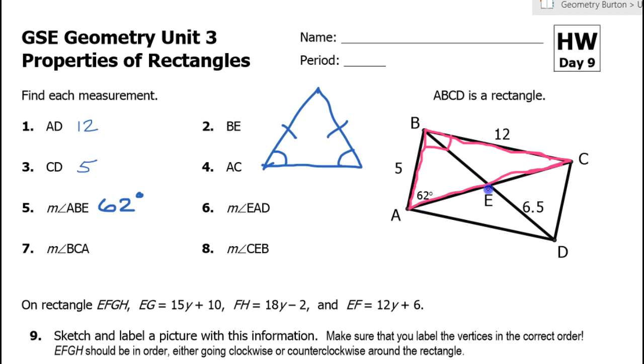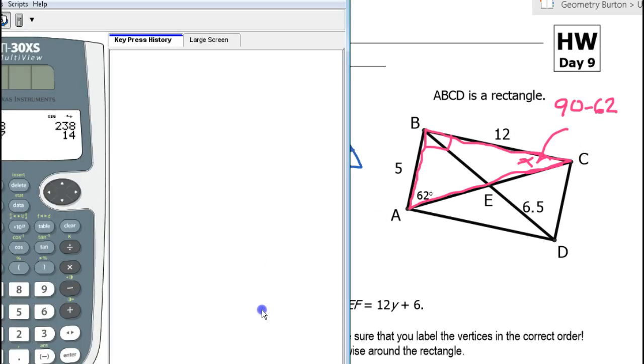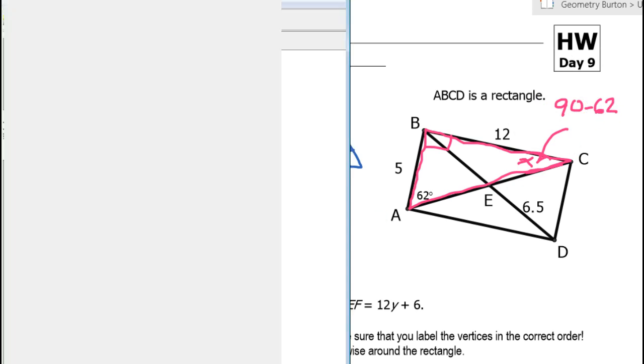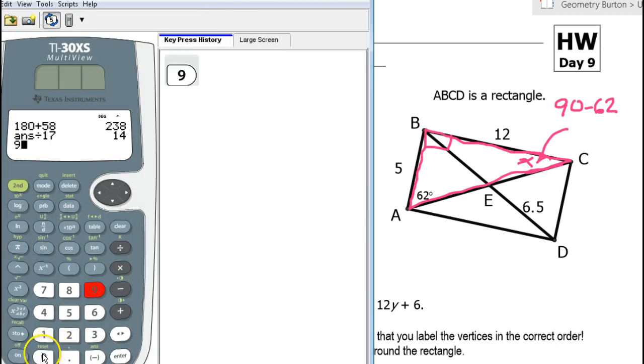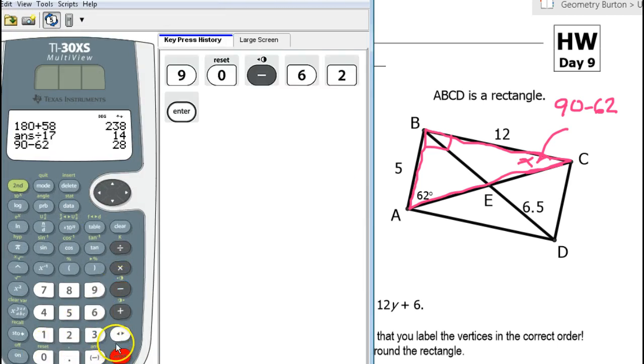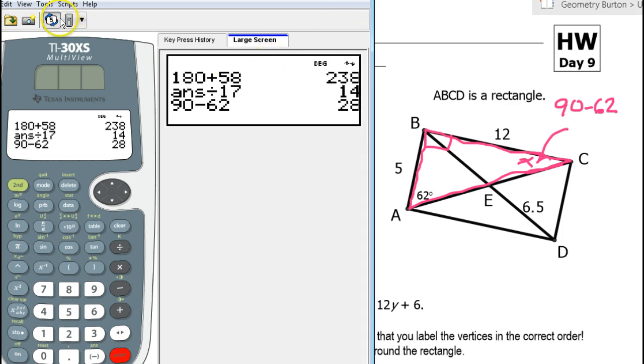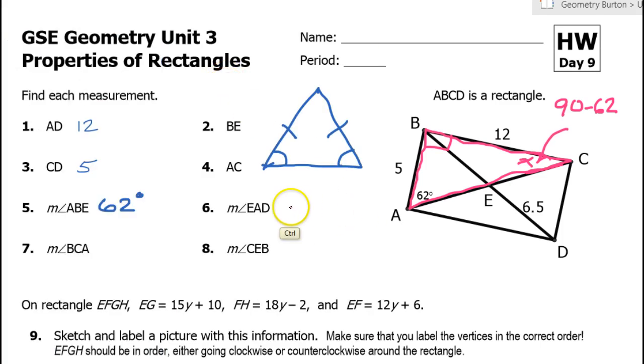So this is a right triangle. If I've got a right triangle, then these two angles will be complementary. They have to add up to 90. So to find this angle, I do 90 minus 62, that's 28. So this is going to be 28 degrees.